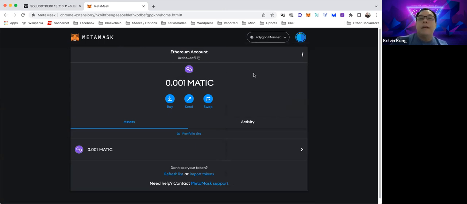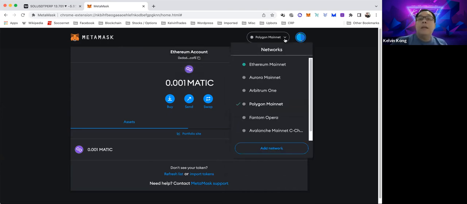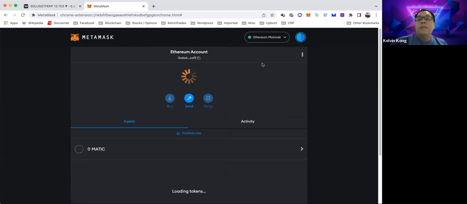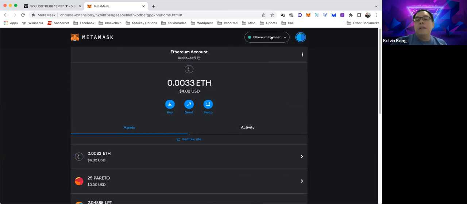For example, this is the Ethereum blockchain, so this is my address for my Ethereum blockchain.